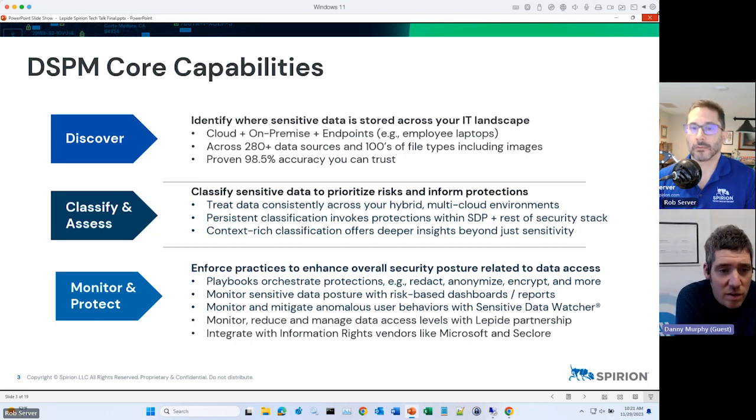Yeah, absolutely. As you said, Rob, the first step really is discovering where this data is, no matter where it resides. But most importantly, once you've run that discovery, classified the data, and understood where your most sensitive data is residing, the next thing to understand is where your data is most at risk.